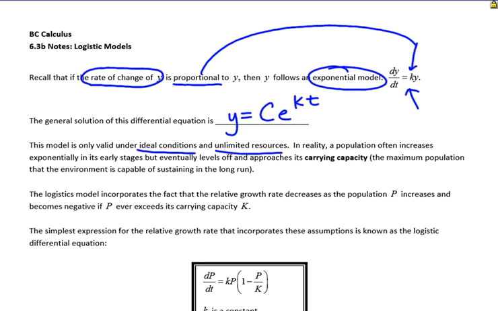We're not immortal beings, and we don't have unlimited resources. So in reality, a population often increases exponentially in its early stages, but eventually levels off and approaches its carrying capacity.